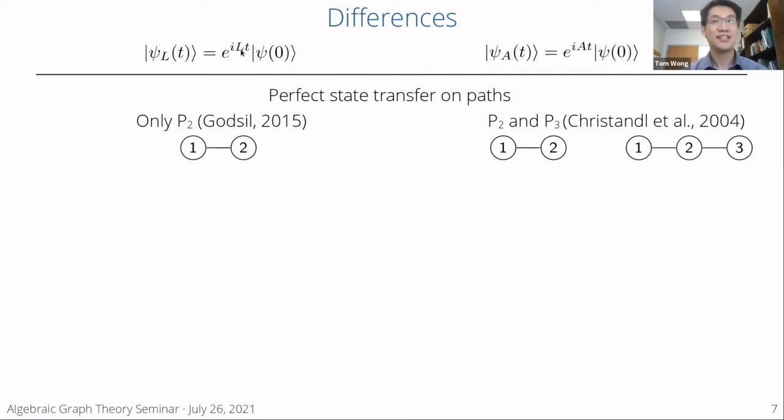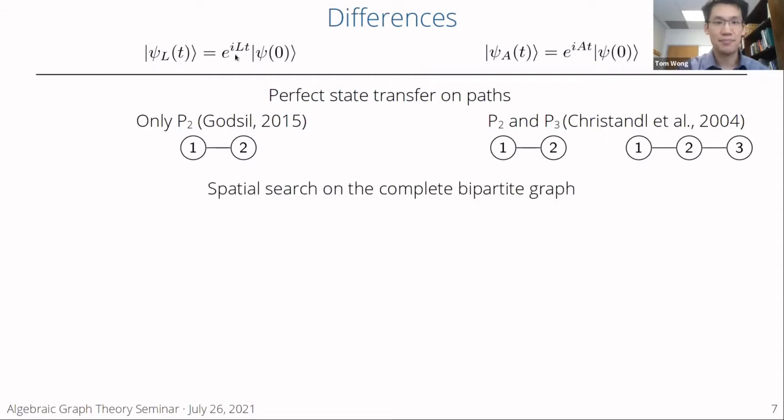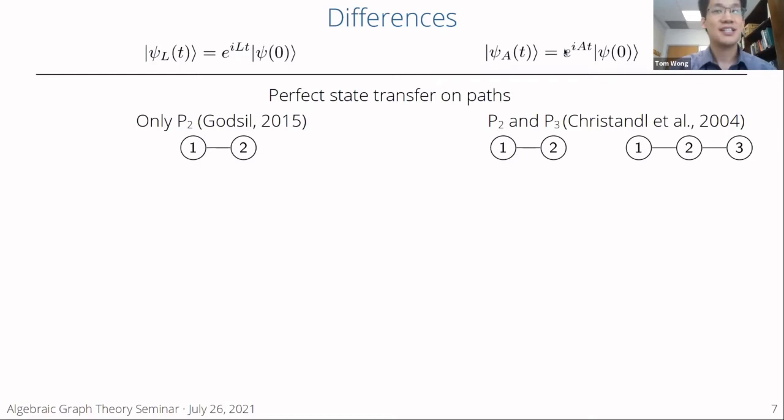Good question. Both of these are Hermitian matrices, so these are valid quantum evolutions. Thank you for the questions. Feel free to keep on adding to the chat.